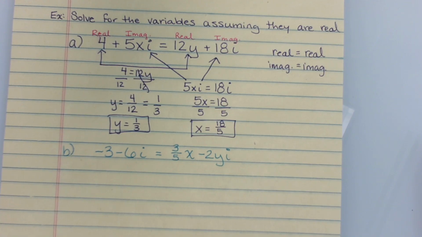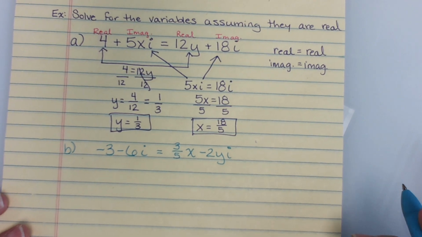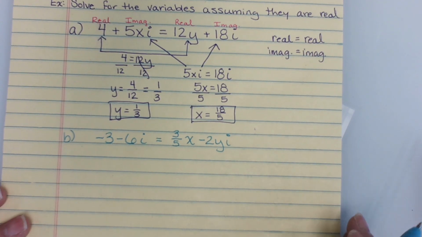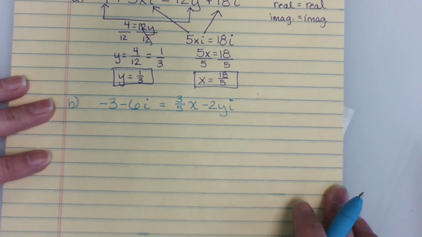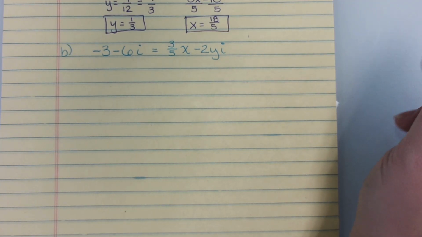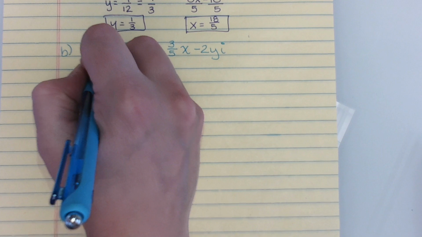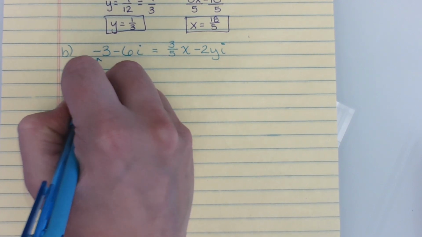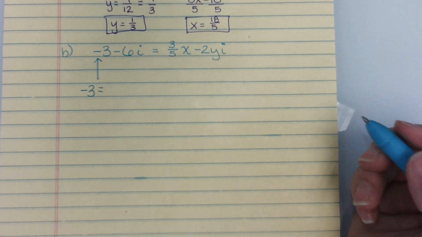Anytime you see that, we can set which part's equal. -3 would be equal to what?